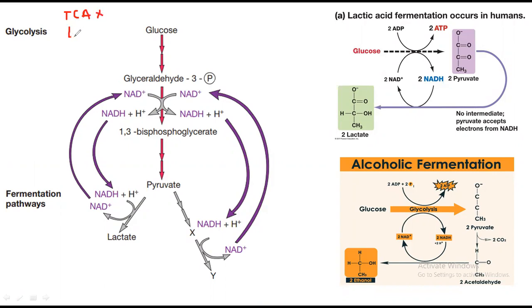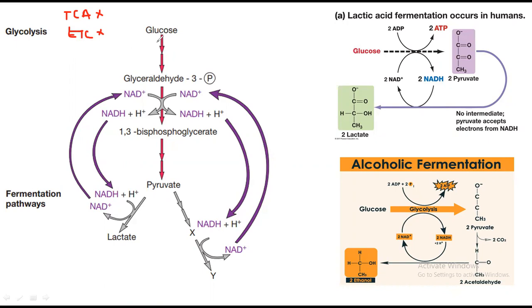There is no TCA cycle, and there is no electron transport chain. Here there is just glycolysis, and after that there are certain other chemical reactions. So keep this in mind: in fermentation there is no TCA cycle, Krebs cycle, and there is no electron transport chain.